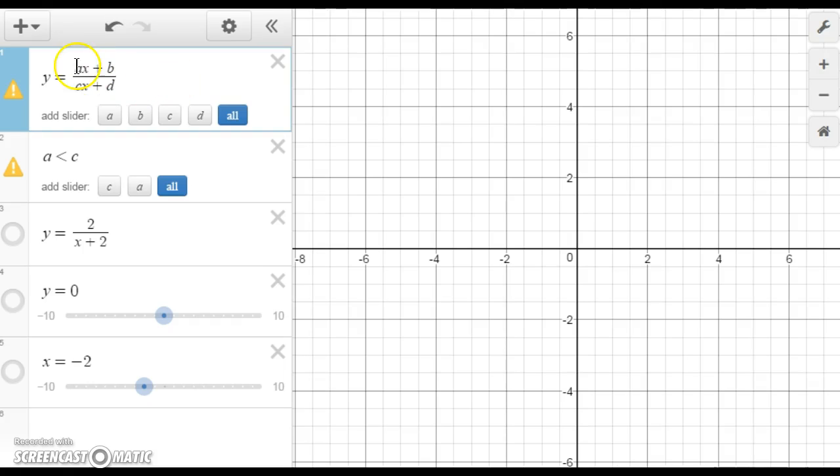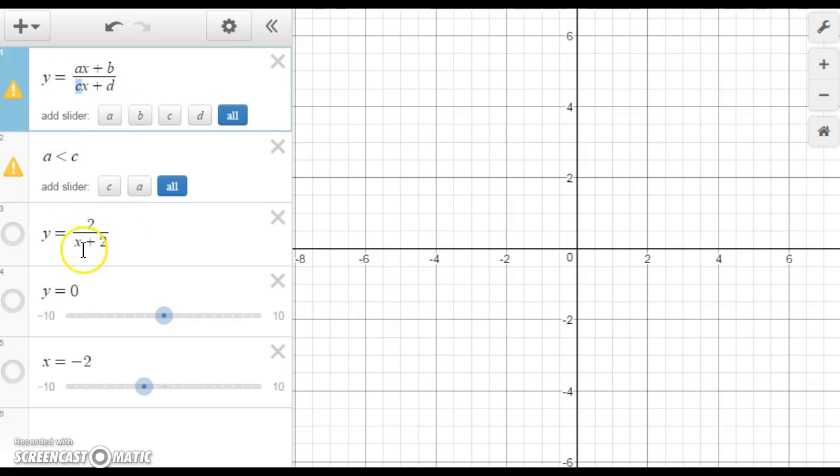My a, b, c, d will just be values, any real number. So the first scenario that we are going to analyze is when my a is less than my c.